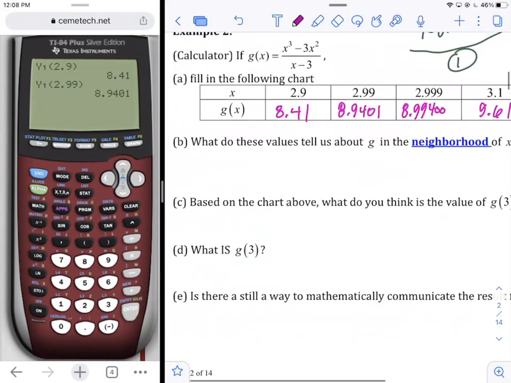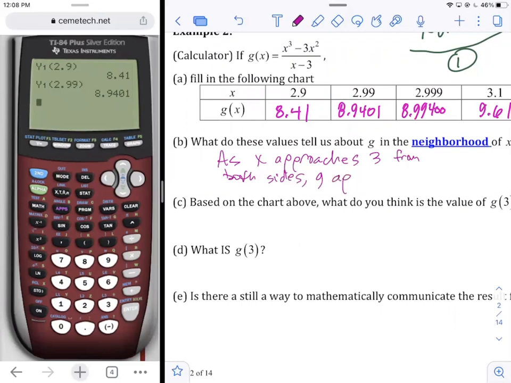We could say as X approaches 3, from both sides again, comma, G, or you could say Y, either one, they're interchangeable in this case, G approaches 9. The same thing's happening here in the neighborhood of 3 as was on our old friend X squared.